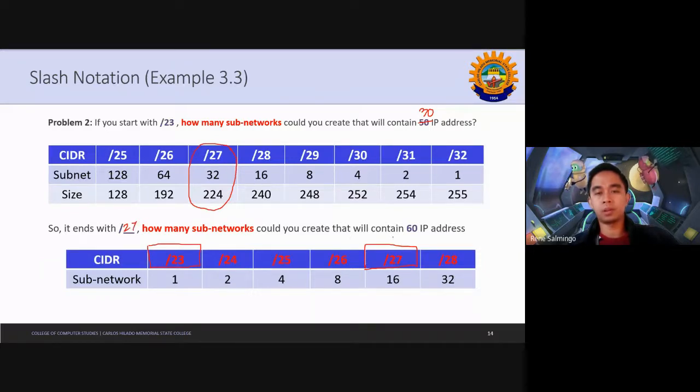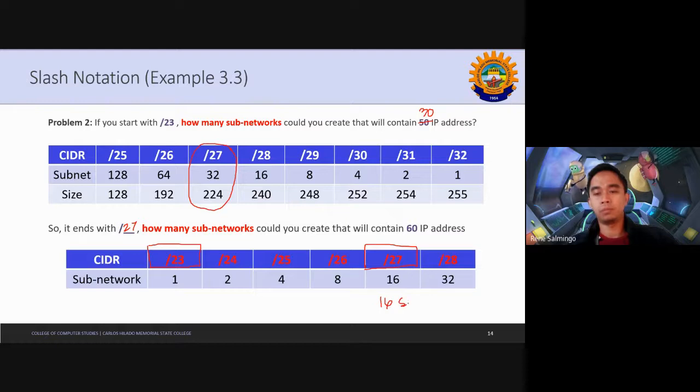And what are the subnetworks that you will have? If you start your count from /23 to /27, you will have 16 subnetworks maximum.